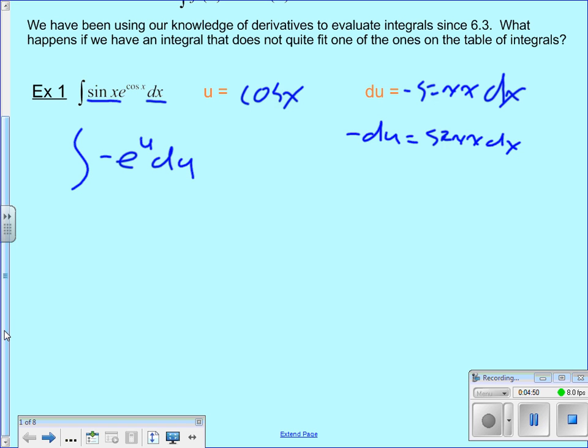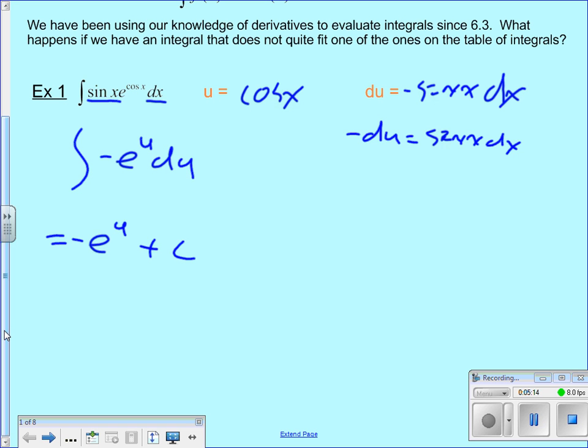So I've taken a very complex looking integral and made it look real easy. Antiderivative of negative e to the u is negative e to the u. So this is equal to negative e to the u plus c.